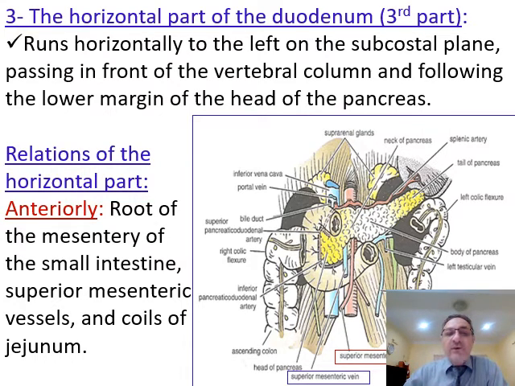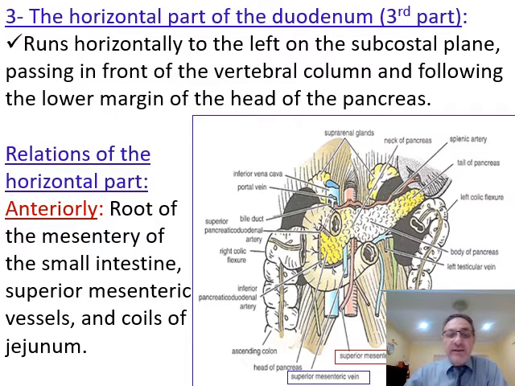It runs horizontally to the left on the subcostal plane, passing in front of the vertebral column and following the lower margin of the head of the pancreas. This is the head of the pancreas.